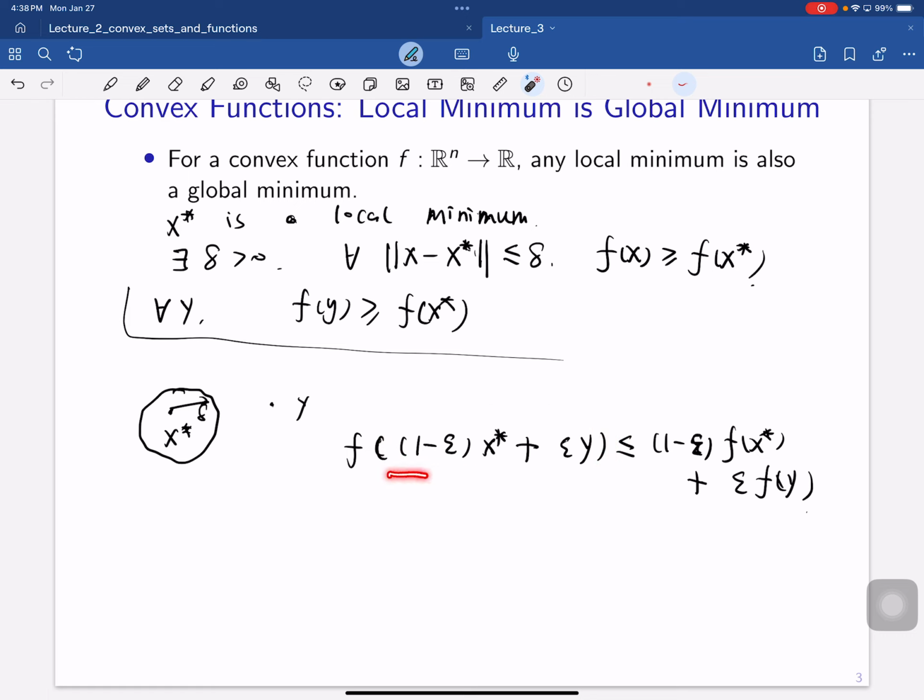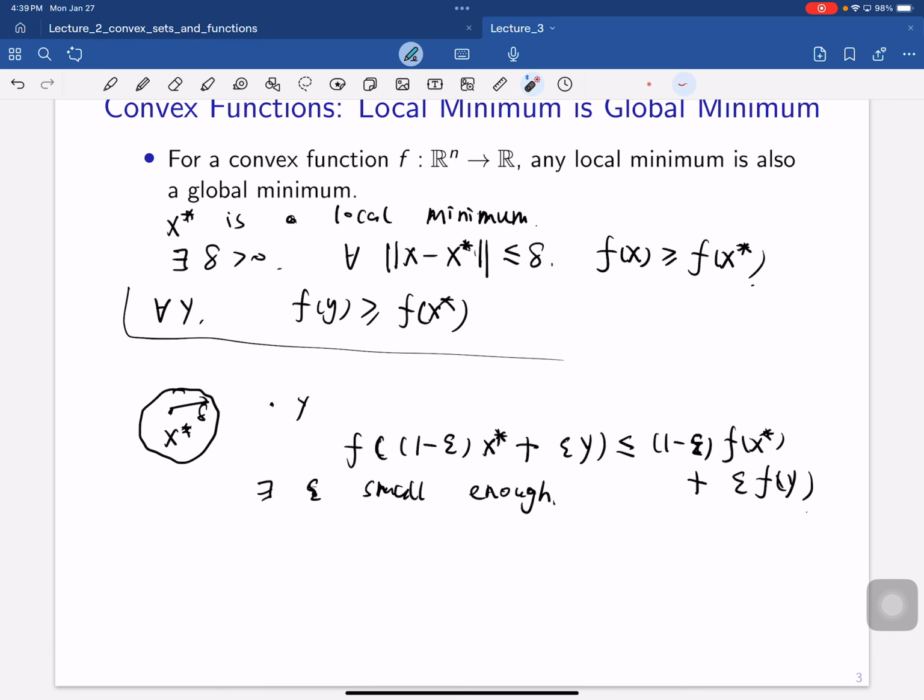This point will be in this ball with length delta, right? So there exists epsilon small enough, right? When epsilon is small enough, this point is arbitrarily close to x star, right? So it will be in this ball here.